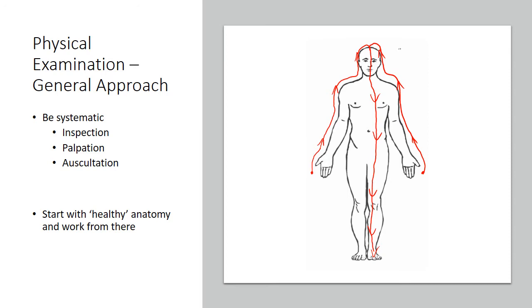But what you'll see is, for example, we inspect the hands, then we inspect the face and the chest, then we go back to the wrist to palpate the pulses at the radial pulse, and then we palpate at the neck, then we'll palpate the chest. So it's all going a bit backwards and forwards, whereas actually if we just follow the line that I've just drawn onto this patient here, then I think that's a more logical sequence.